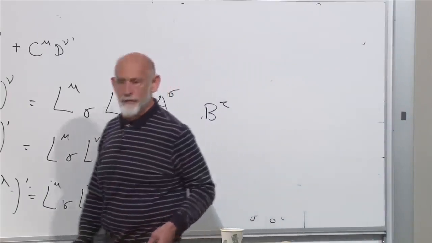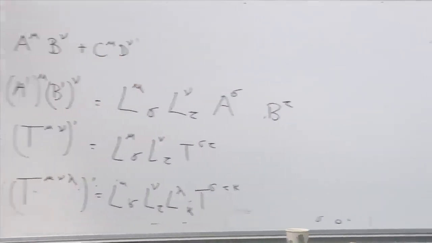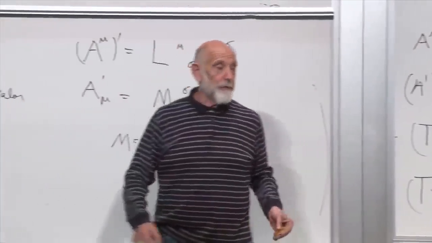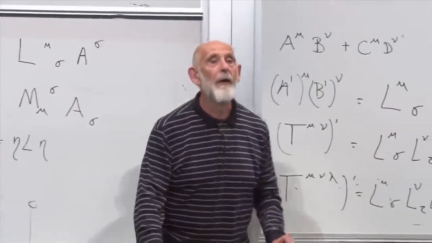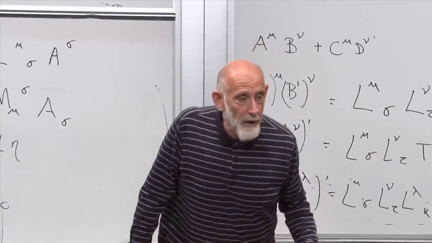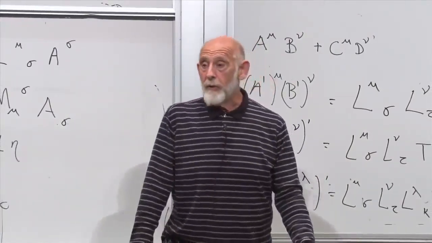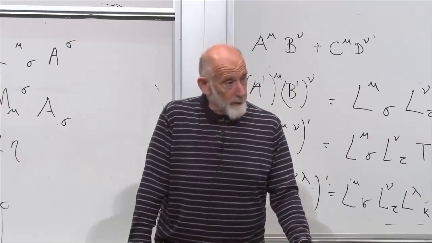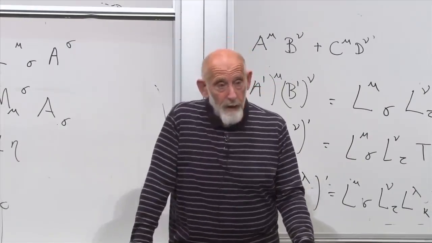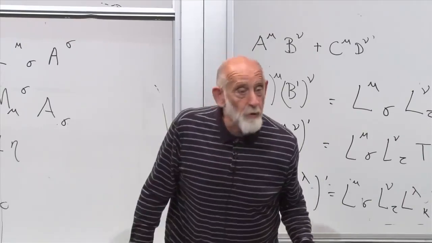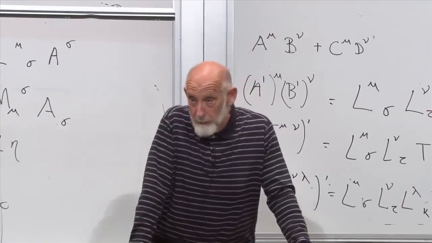And the thing about tensors, vectors, scalars, the thing about tensors is if they are equal in one frame, they are equal in every frame. That's easy to prove. But to say that they're equal means all components equal.